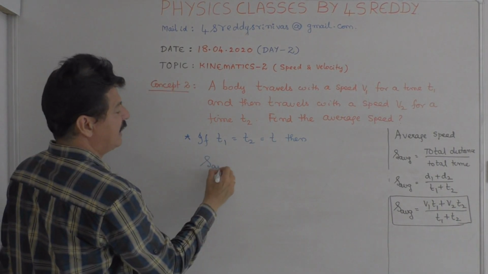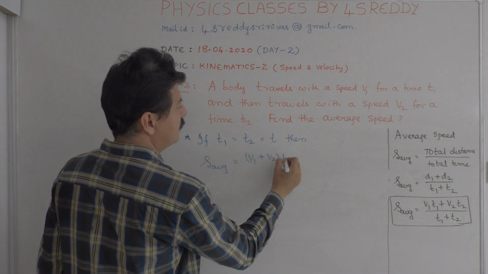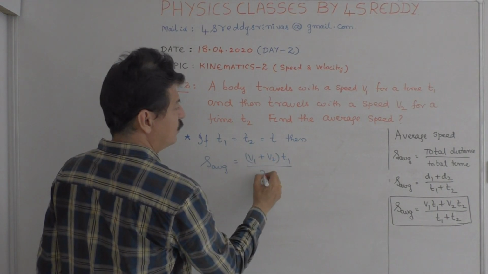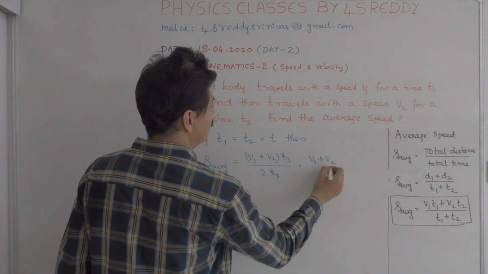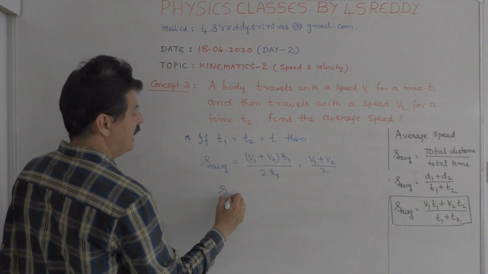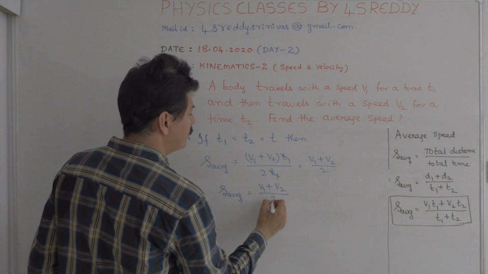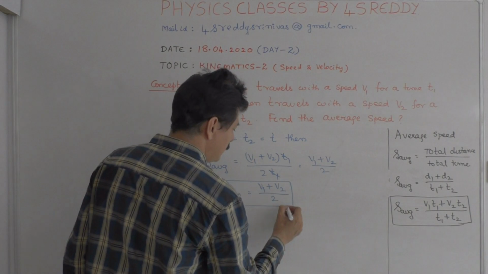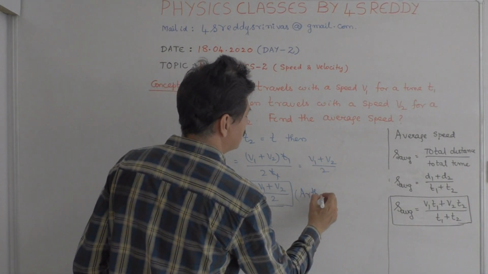Yes, S average can be written as (v1 plus v2) into t by 2t, or this gets cancelled, (v1 plus v2) by 2. Therefore, S average is given by (v1 plus v2) by 2. This is the arithmetic mean.